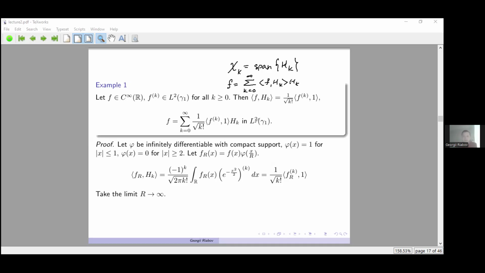So to expand f into this sum, we only need to find the inner product of f and h_k.